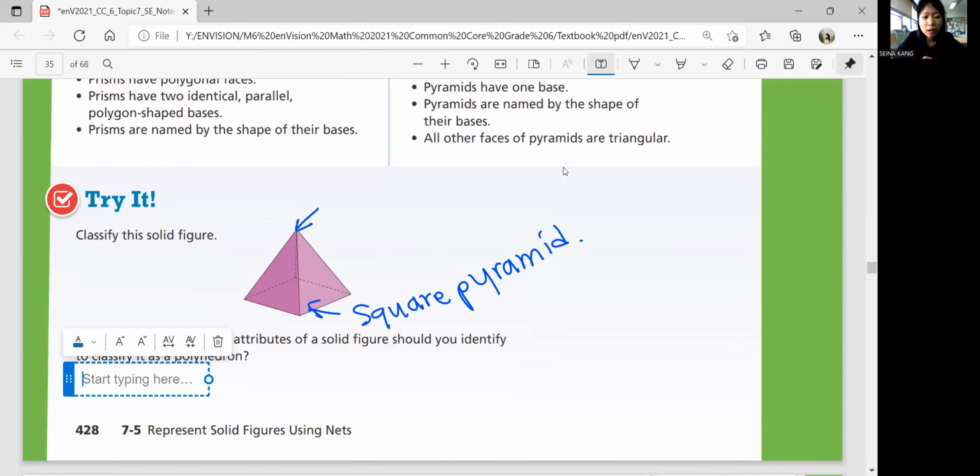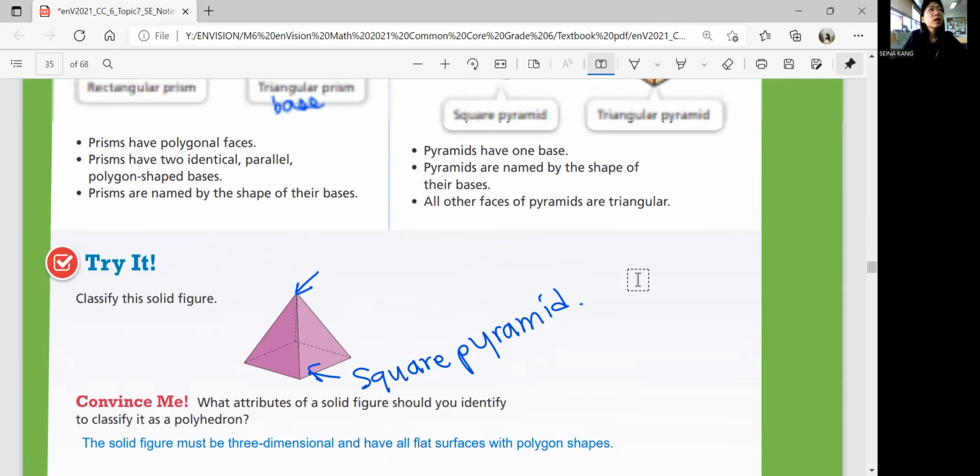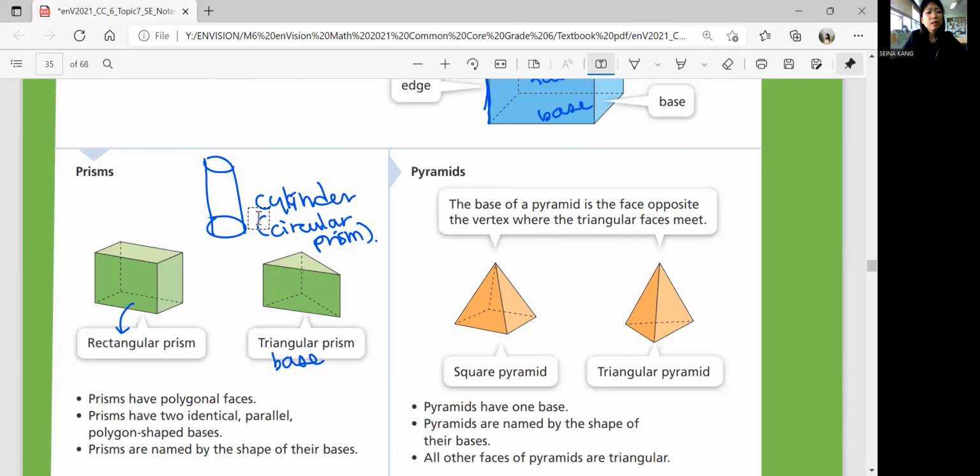It must be 3D, three-dimensional, and have all flat surfaces with polygon shapes. So does that mean a cylinder is also a polyhedron? No, this is not a polyhedron.